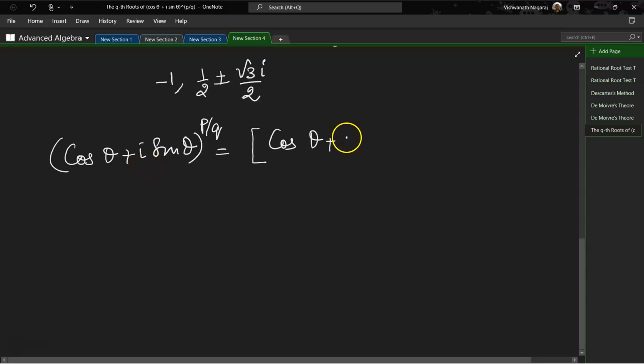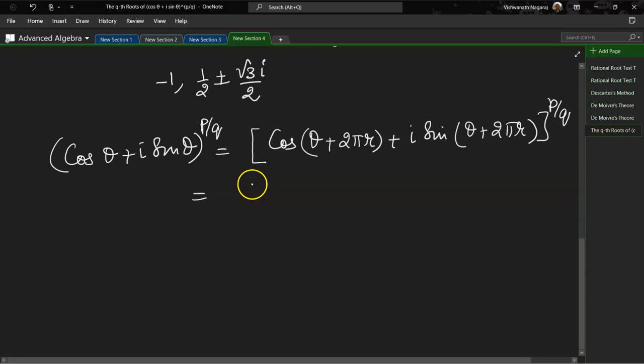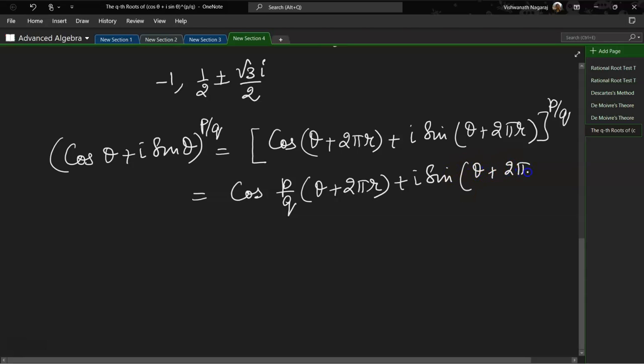We want multiple values, so we write (cos(theta + 2 pi r) + i sin(theta + 2 pi r)) to the power of p by q. Now by De Moivre's theorem, cos(p by q times (theta + 2 pi r)) plus i sin(p by q times (theta + 2 pi r)).